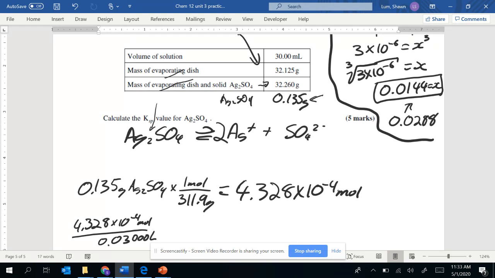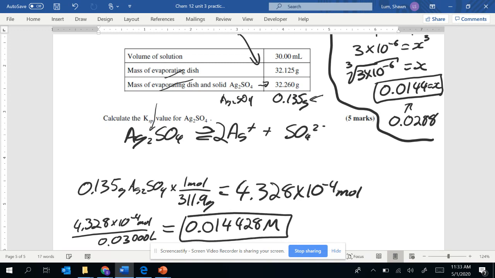Divide by 0.03 equals, and I get a concentration of 0.0144. I kept a whole bunch of sig figs just to make sure my answer is a little more accurate, and I'll round it down later. Anyways, here's the molarity of this stuff.